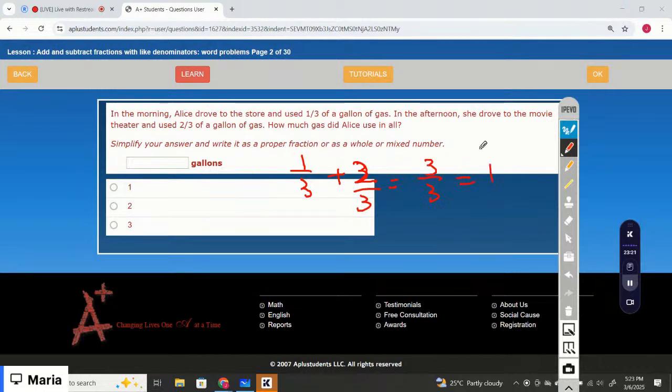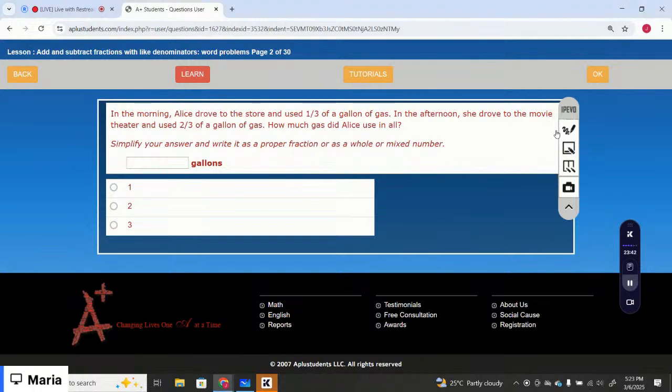That is 3 over 3, that equals 1. Option number 1 is the correct option.